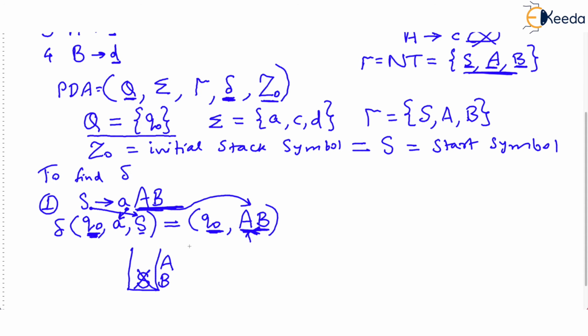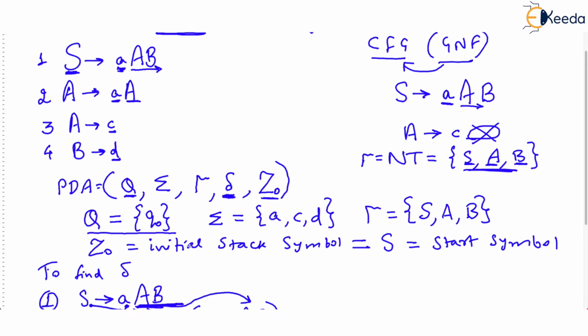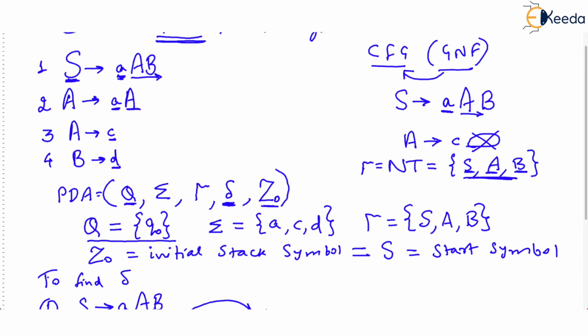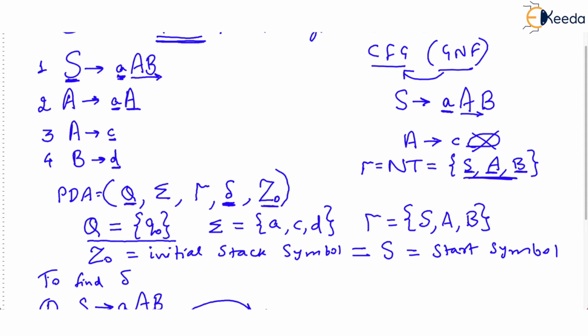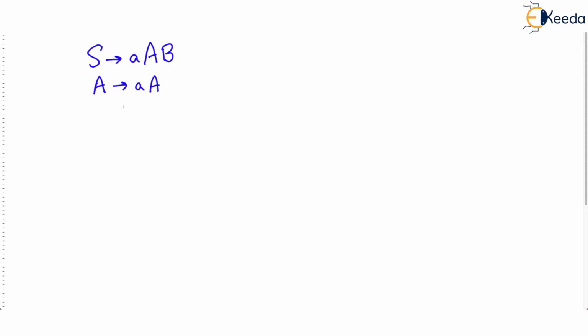Okay. So coming to this generation of delta, these were the productions. S derives aAB, correct? A derives aA. Let me refer. A derives c and B derives d.